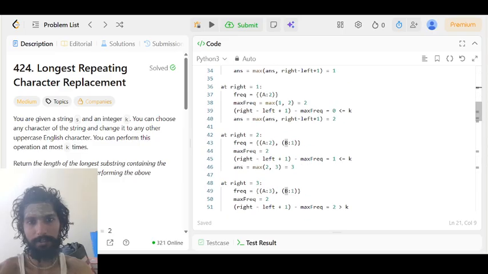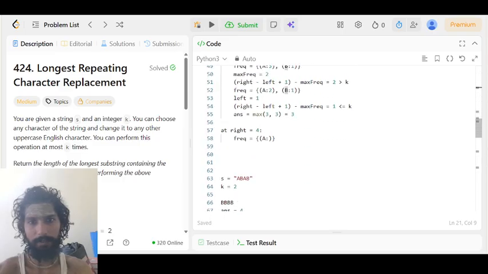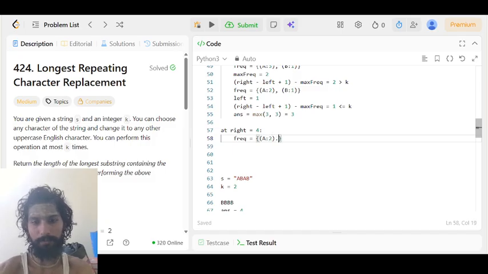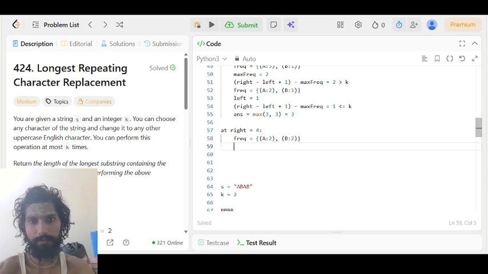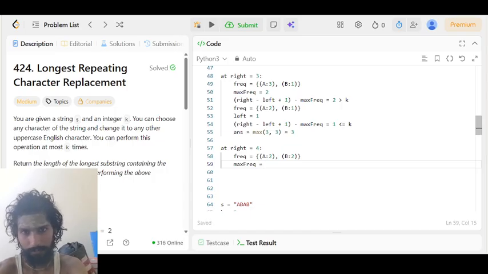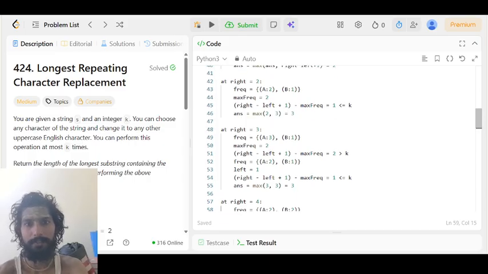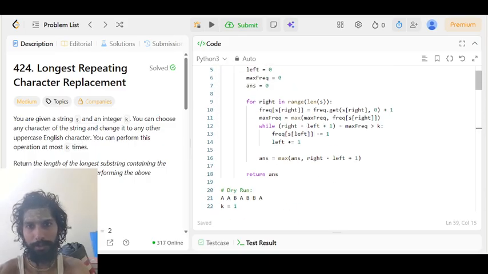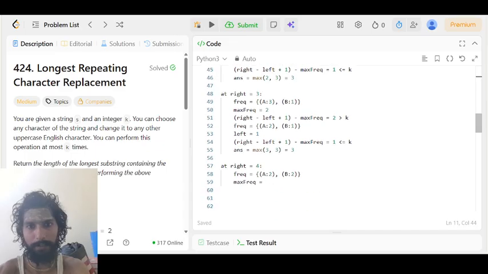It is B. So A will have 2 and B will become 2. Now max freq is equal to the max of max freq and frequency of S right. So that will remain as 2.